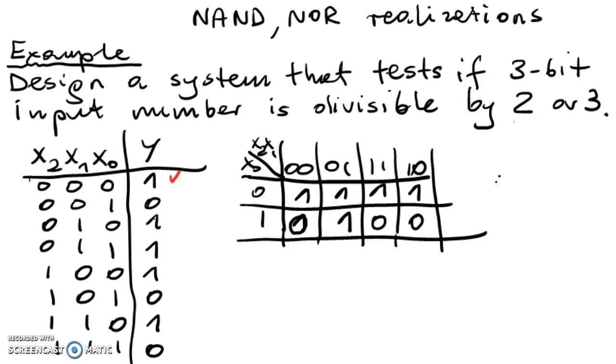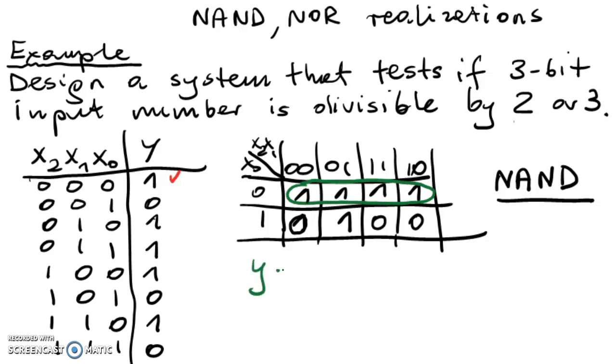And let's decide that our first goal is to realize the system using NAND gates. For NAND gates, it is also a wiser or better approach to minimize for ones as we did before. So we combine ones, and there are 2 groups, and the first is the 4-element group.